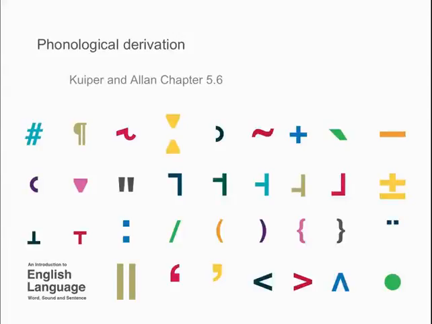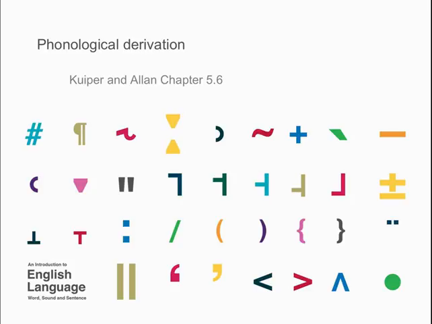At the end of the last session, we suggested that a number of processes may be involved in getting us from the representation of the sound pattern of a word, the actual phonological representation in your mental lexicon, to the phonetic output, that is, what you actually pronounce when you say the word.